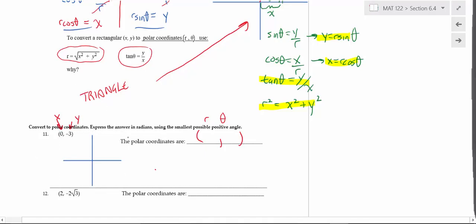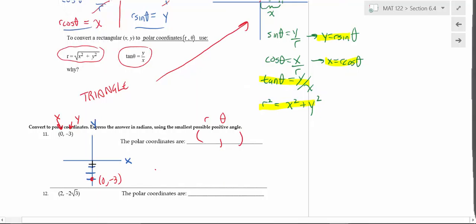This is an example. So if you're in an xy coordinate system, if you were to plot the point 0, -3, of course all you would do, and you already know this, is put a dot down at that point 0, -3. So what you have to do is find two things. You have to find the radius, and you also have to find the angle, which are really already there for you.